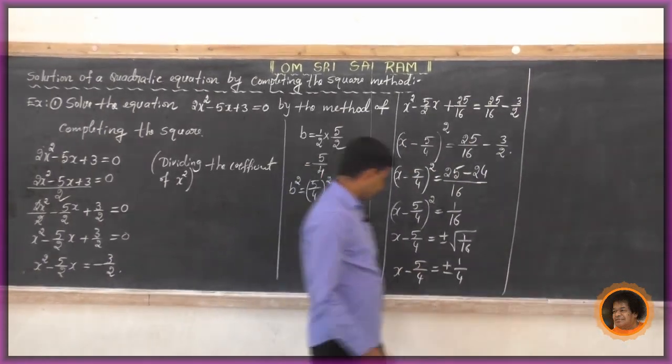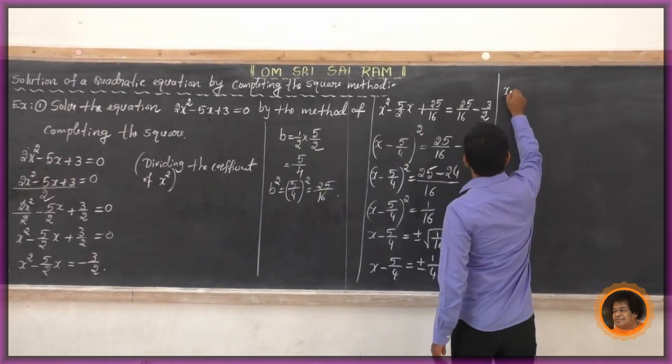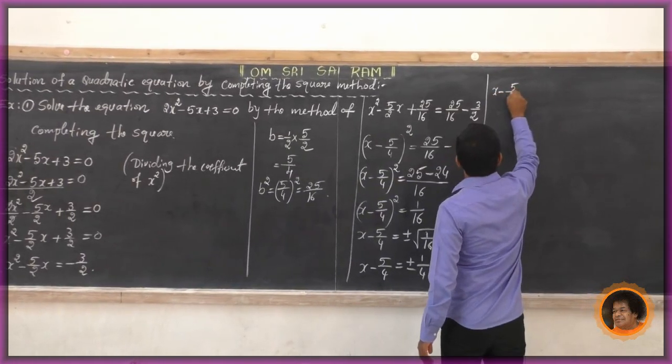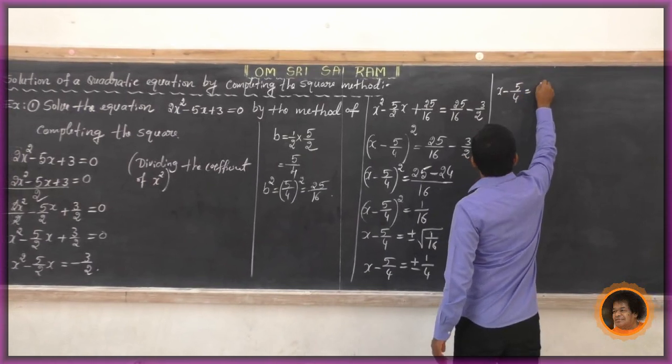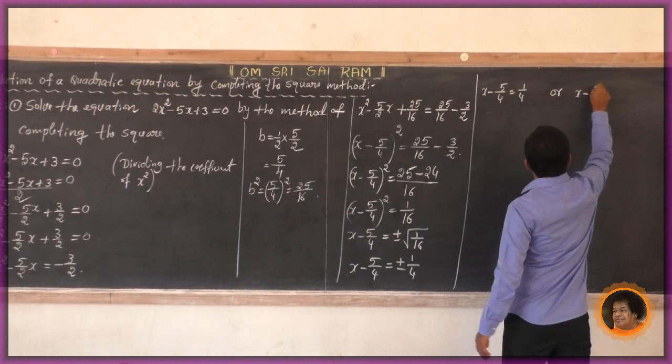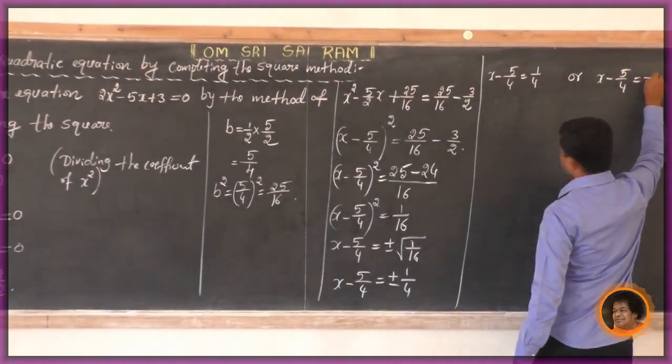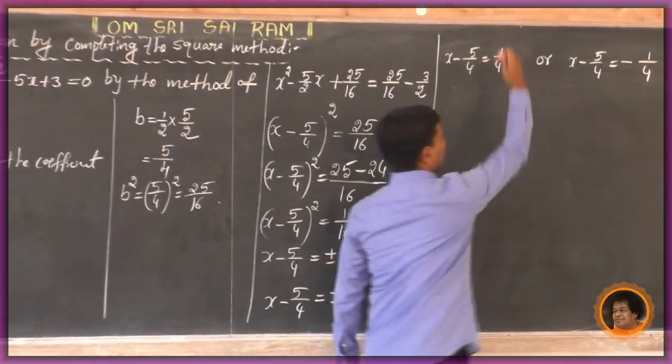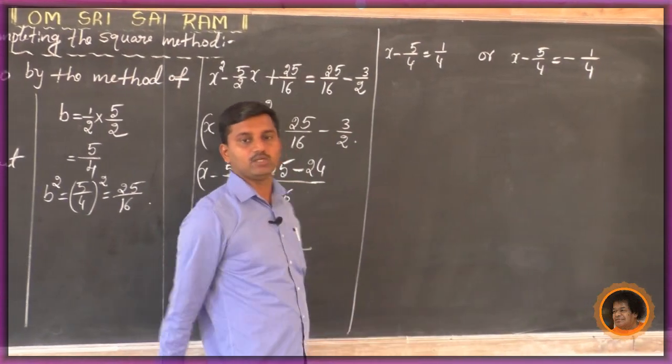Now solve the equation. First possibility: x minus 5 by 4 equals plus 1 by 4, or x minus 5 by 4 equals minus 1 by 4. Now solve these equations to get the value of x.